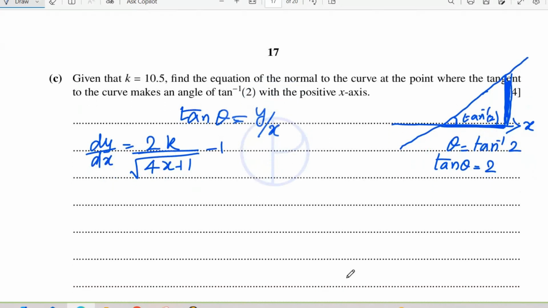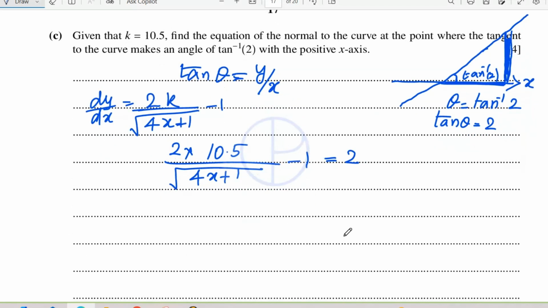Here the k value is given as 10.5. So 2 multiplied by 10.5 divided by square root of 4x plus 1 minus 1 is equal to 2, because tan theta is equal to 2, which is the gradient. So 2 multiplied by 10.5 is 21. 21 divided by square root of 4x plus 1 equal to 3.